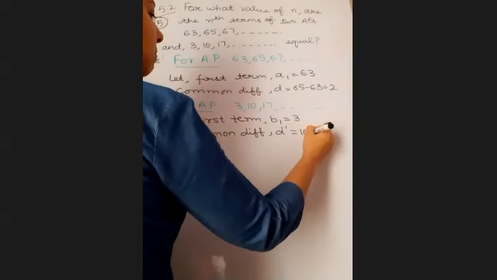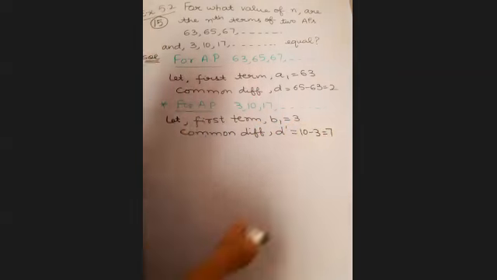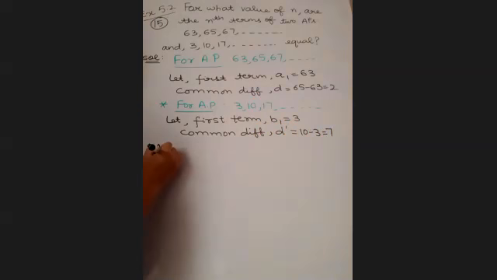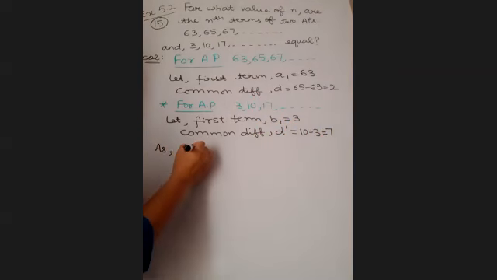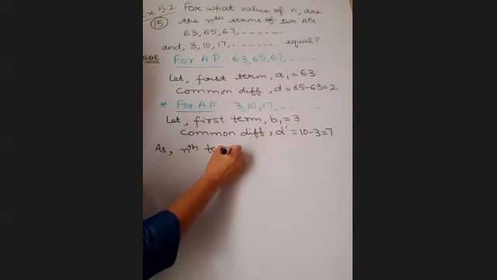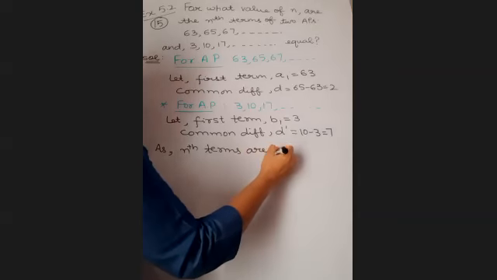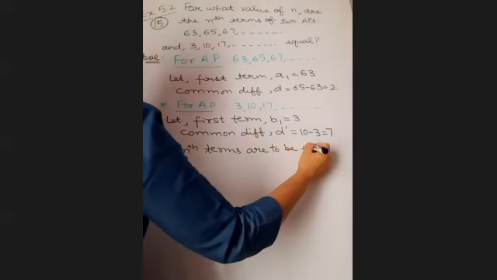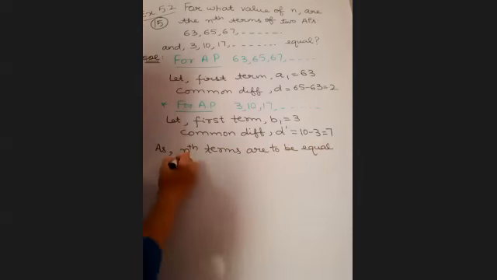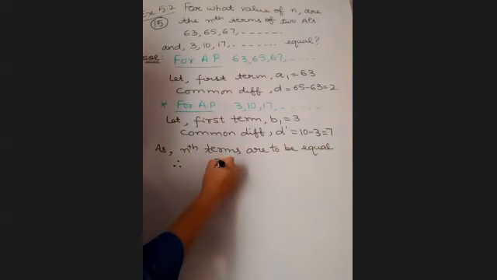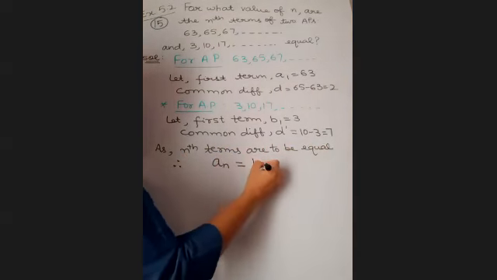So it will be 10 minus 3, which is 7. As the nth terms are to be equal, therefore an should be equal to bn.